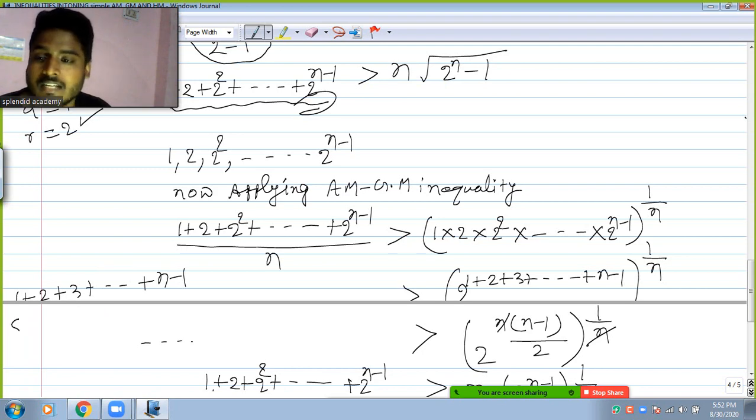in an AP, I can write Sn equals total number of terms, n minus 1, upon 2, inside the bracket first term and then last term. So I will be left with n minus 1 upon 2 times n.